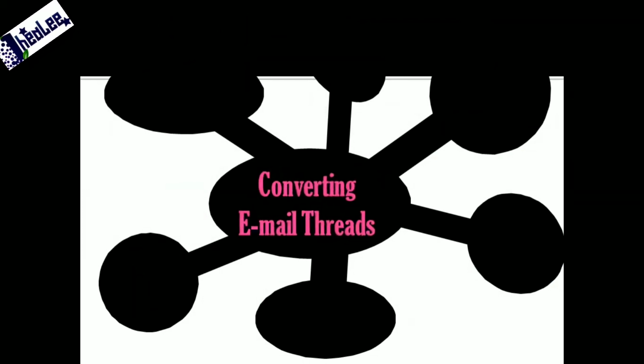Instead of screenshotting and using a picture to upload to your portfolio, you can look at converting the email thread into PDF, right? And in converting that, what you would do is to select the email that you want to print. The second thing is that you would select print.